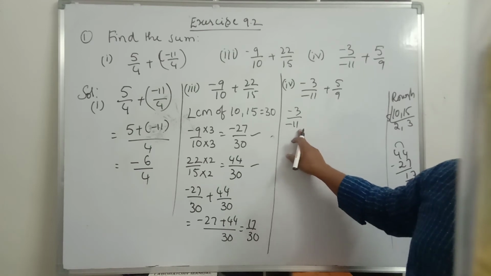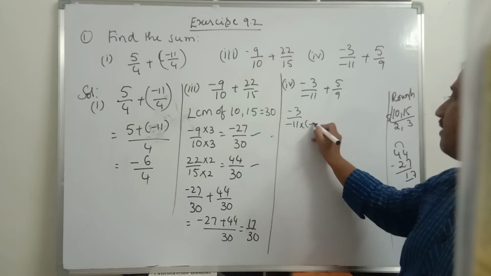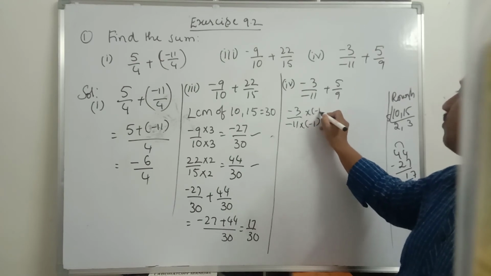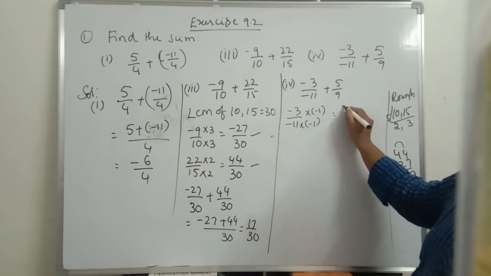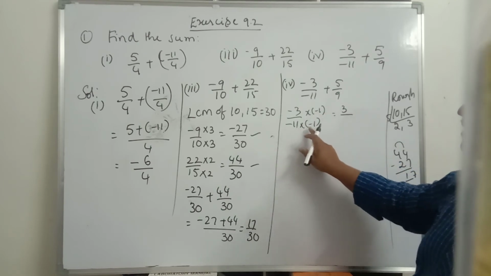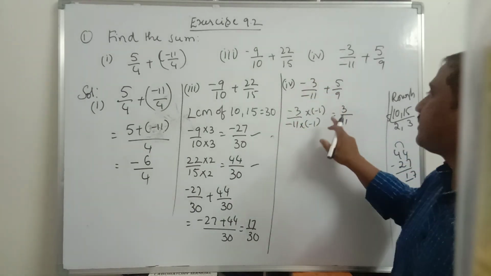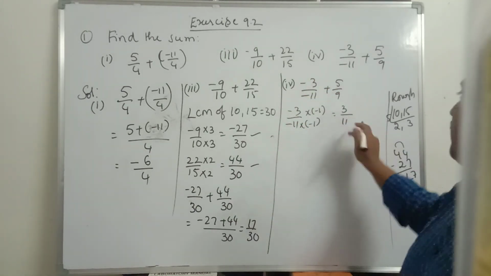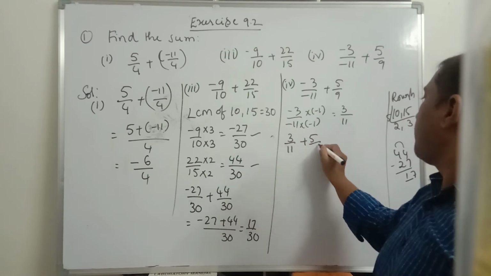The denominator should always be a positive integer. So to get a positive integer, it is multiplied with minus 1. Therefore what we get? Minus into minus is plus. 3 into 1, 3, divided by minus into minus is plus, 11 into 1 is 11. Now we got minus 3 by minus 11 as 3 by 11. So add 3 by 11 plus 5 by 9.